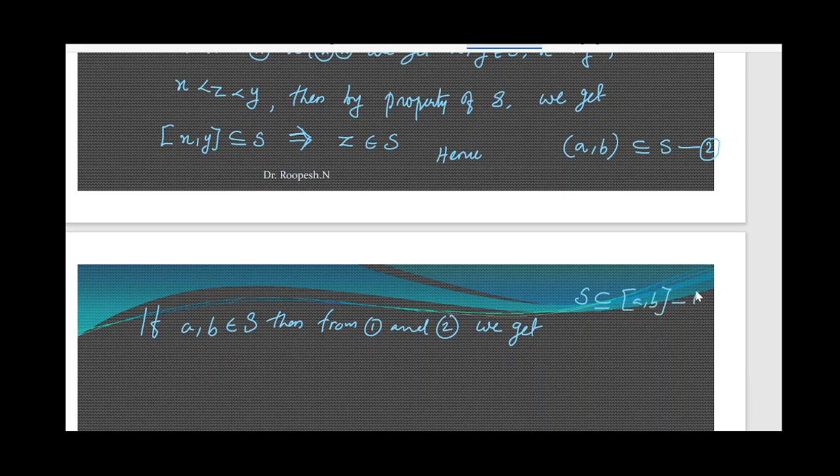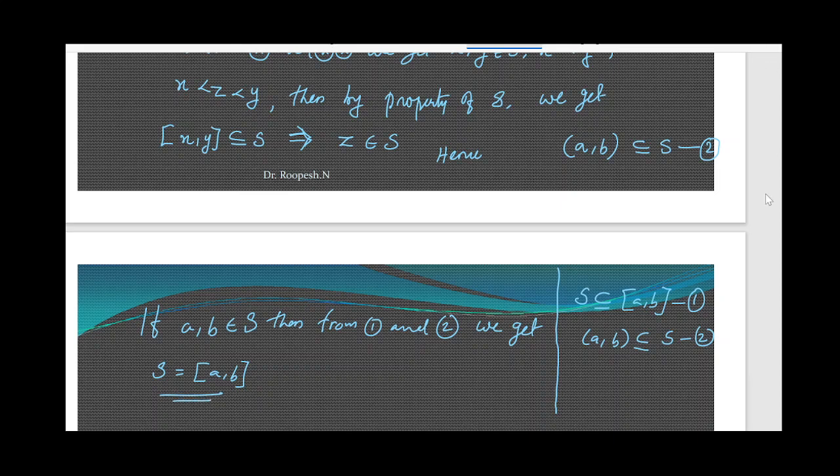This was equation 1, and equation 2 was the open interval (a, b) is contained in S. Now if a and b both belong to S, we get S is nothing but the closed interval [a, b]. Am I right? So we have proved that S is an interval.